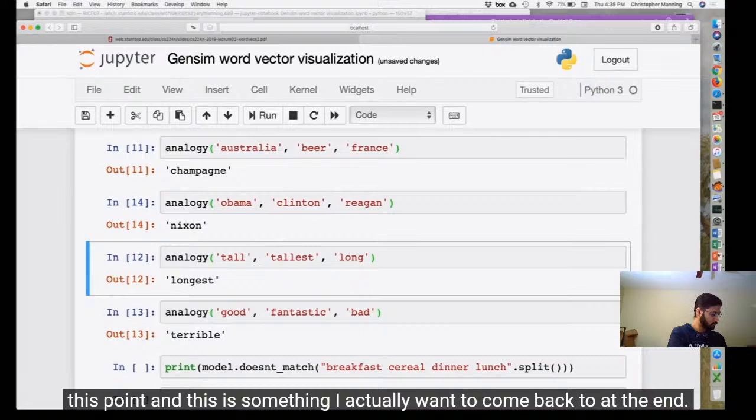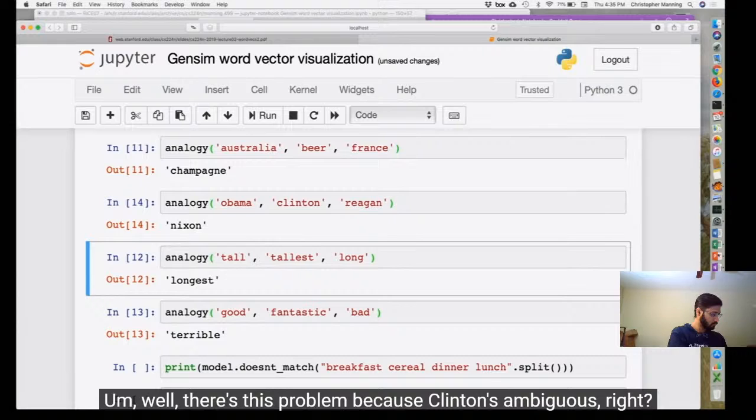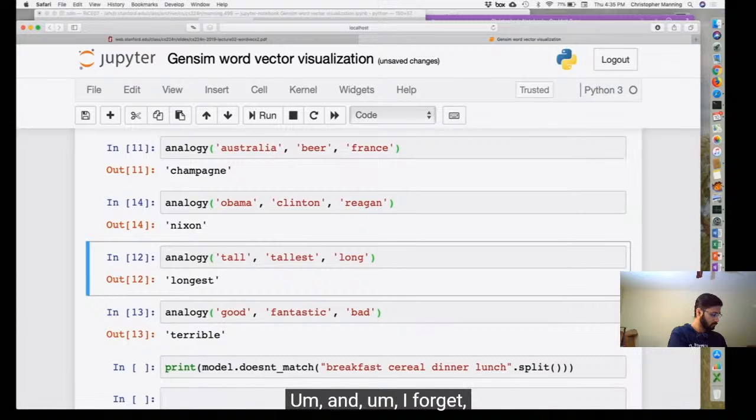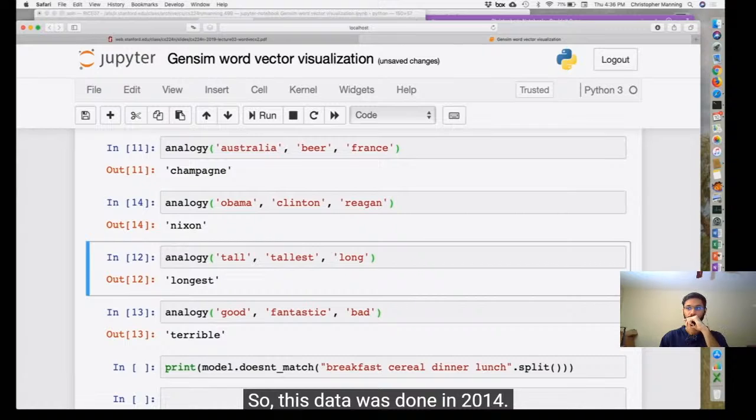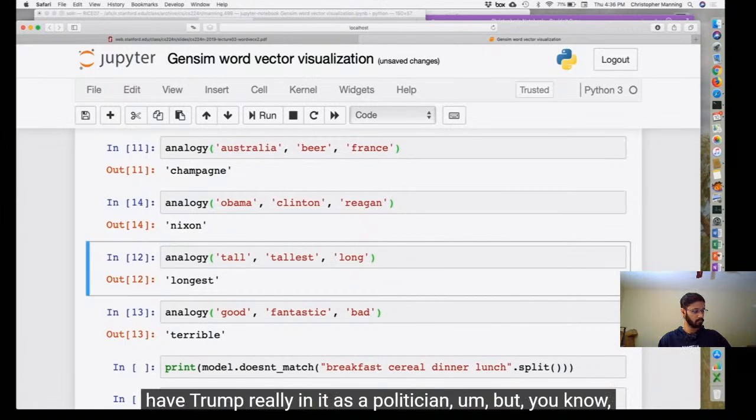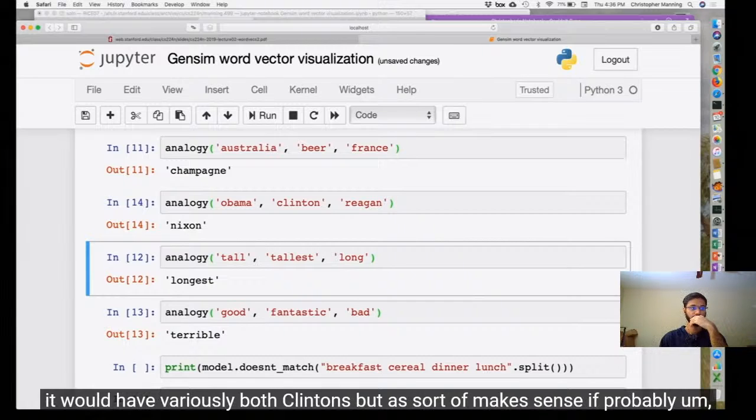Now, one thing you might notice at this point, and this is something I actually want to come back to at the end, is that there's this problem because Clinton's ambiguous, right? There's Bill and there's Hillary. I forget, you know, this data, as I said, is a few years old. This data was done in 2014, so it definitely doesn't have Trump really in it as a politician, but it would have variously both Clintons.